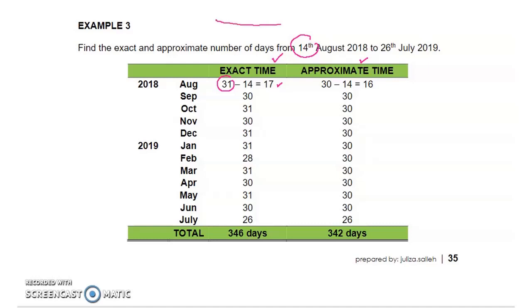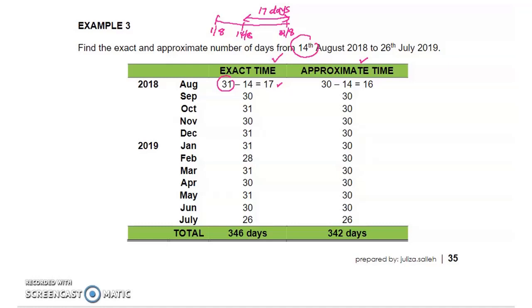For example, here 1st August up to 31st August, we start on the 14th, so we have a remainder of 17 days. That's why 31 minus 14. Okay, September 30 days, October 31, November 30, and so forth.